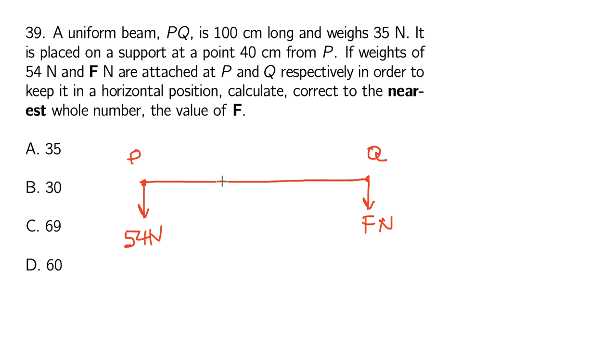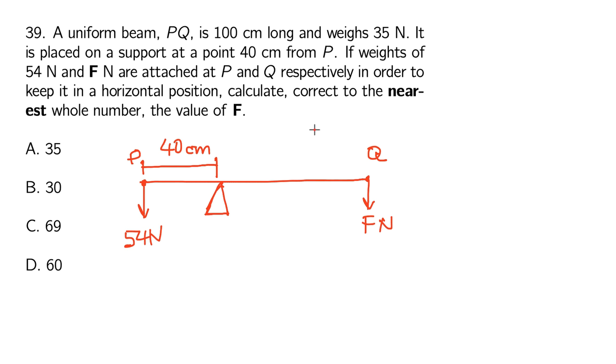Now remember, we've been told that the balance point, or if you like the pivot, is at this point that is 40 centimeters from P. So this distance is 40 cm. And what other information do we have? We've been told that the weight of the beam is 35 Newton.